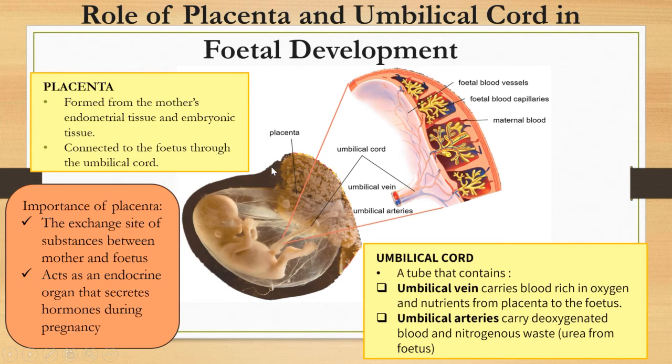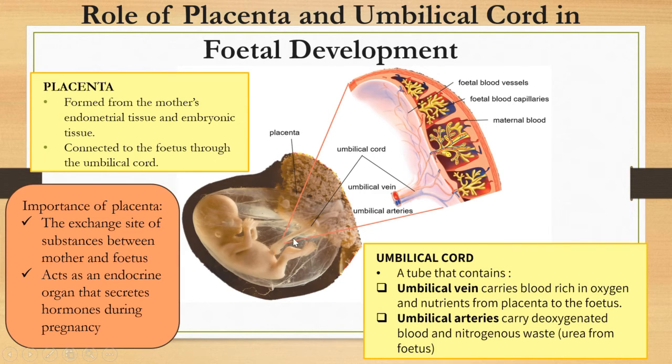This is the placenta, in the endometrium of the mother. This refers to the fetus, and this refers to the umbilical cord. Later we will discuss the function of the umbilical cord.